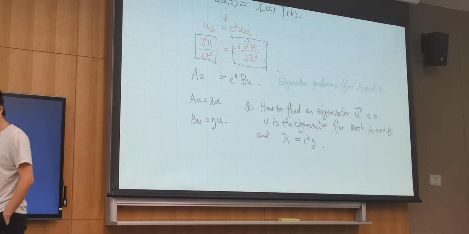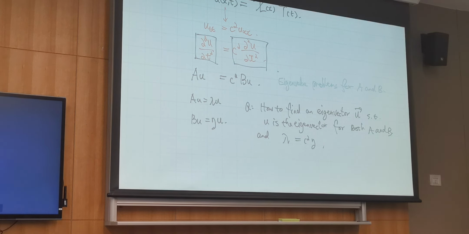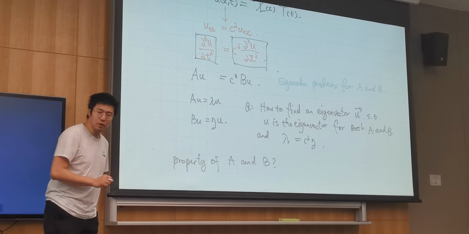And there is actually another issue about the eigenvector. First of all, what is the property of A and B?